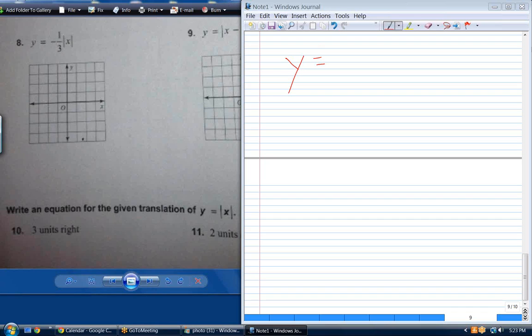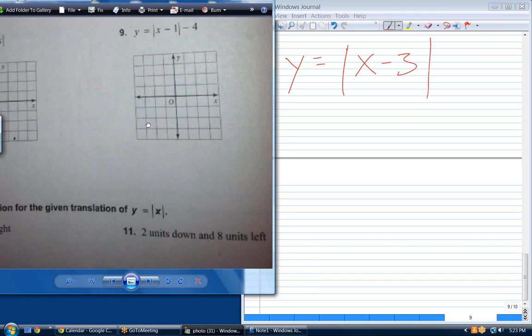So what would y equals absolute value of x shifted 3 units to the right look like? Instead of y equals absolute value of x, it would be y equals what? x - 3. Inside the absolute value or outside? Inside. Correct. Exactly like that.